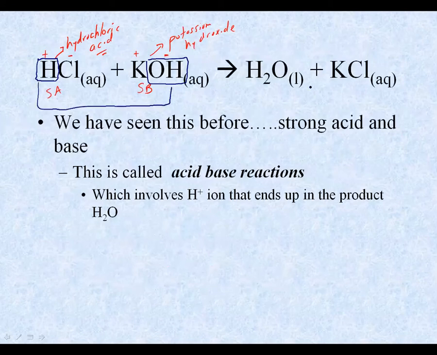When they come together, that is what forms our water on this side. And our salt over here is made from the other two ions that are present, the potassium and the chloride, that come together to make the potassium chloride. So this is in most cases classified as an acid-base neutralization reaction.